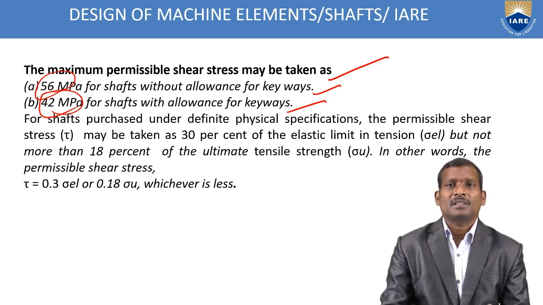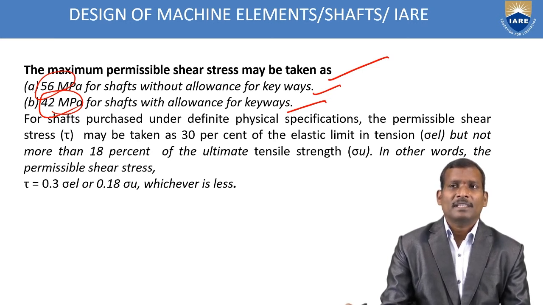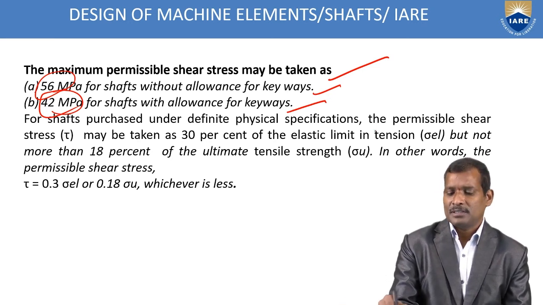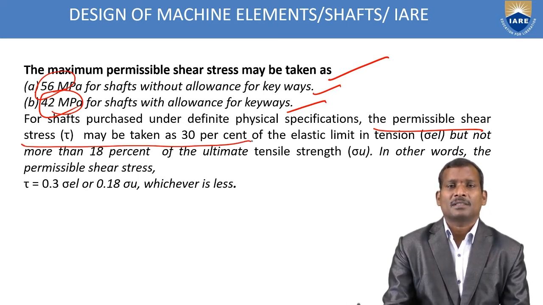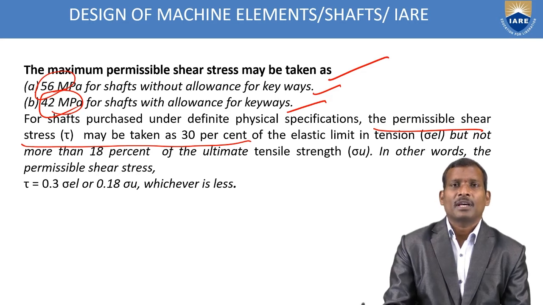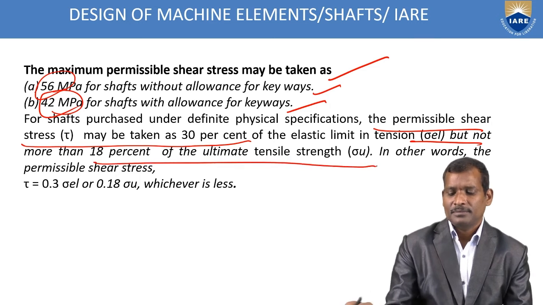For shafts purchased under different physical specifications, what is the condition? The permissible shear stress may be taken as 30% of the elastic limit in tension, but not more than 18% of the ultimate tensile strength.